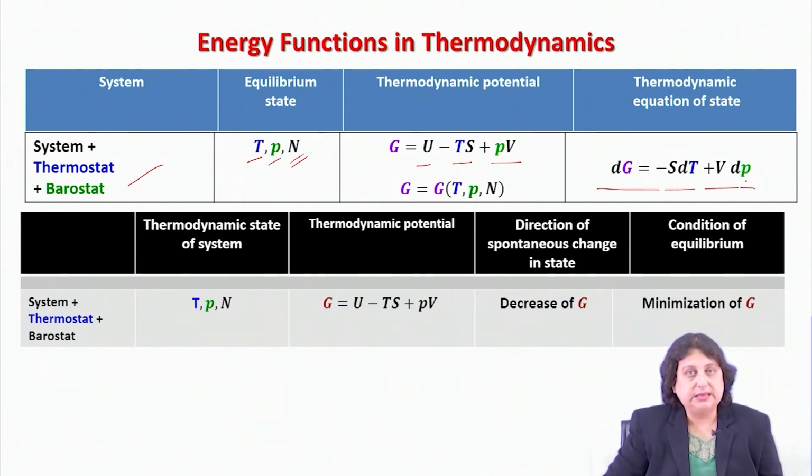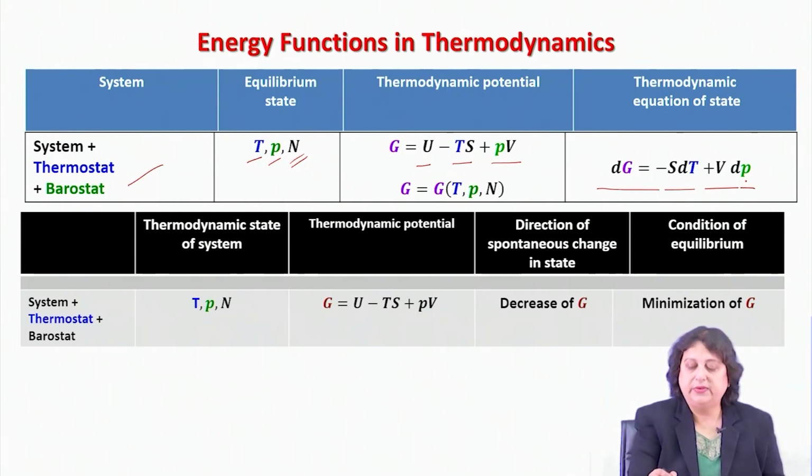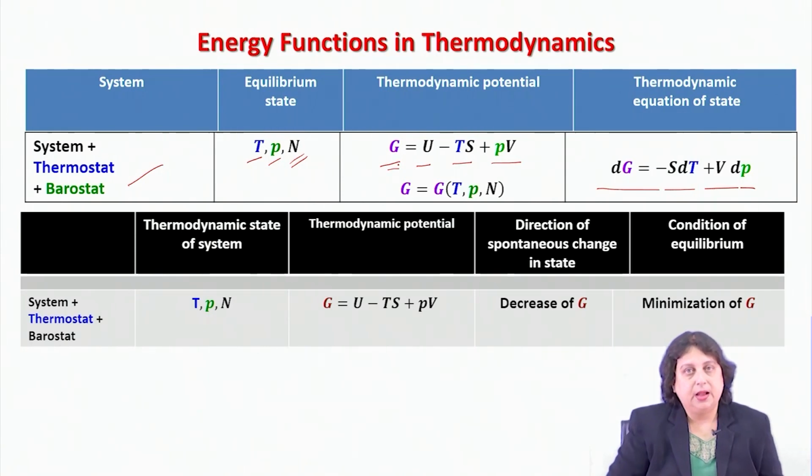And we have already seen that irrespective of which system you have, under what condition you have the system, if you know the equilibrium state of the system, you can always find out G. But in the case where the system is in contact with a thermostat and a barostat, the direction of spontaneous change in state is dictated by the Gibbs free energy, and the system undergoes a spontaneous change in state in the direction which decreases the Gibbs free energy.